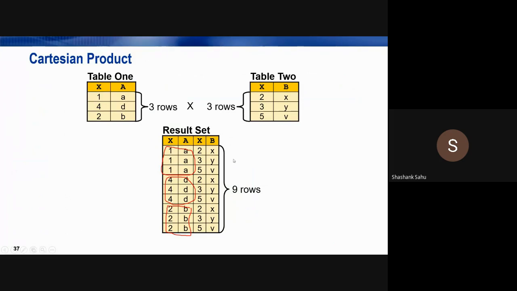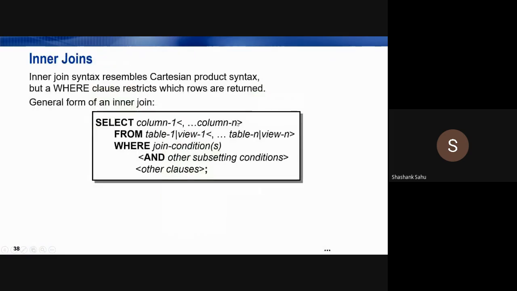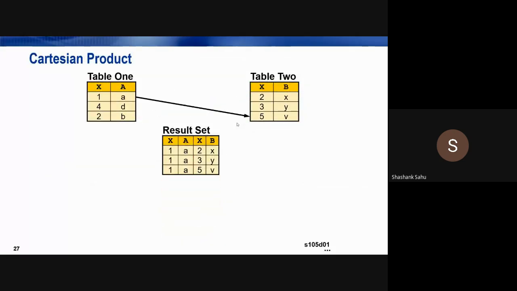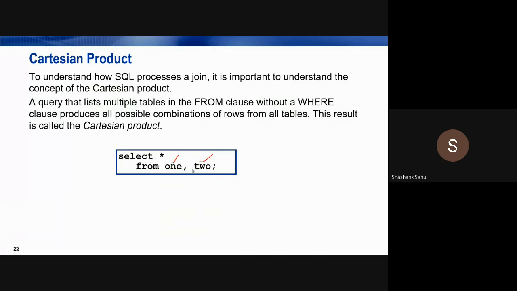So when we are taking two tables here, this is the matching of the first row with the remaining rows of the table. So when we are using select star from first table and second table, the name for this product is called Cartesian product.